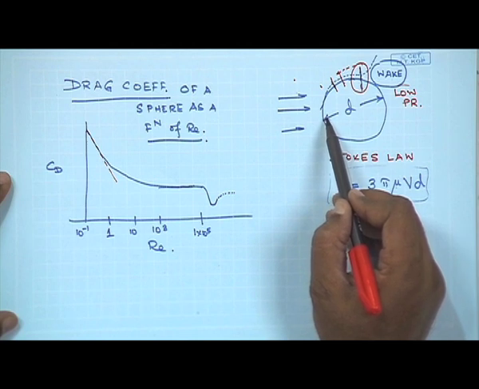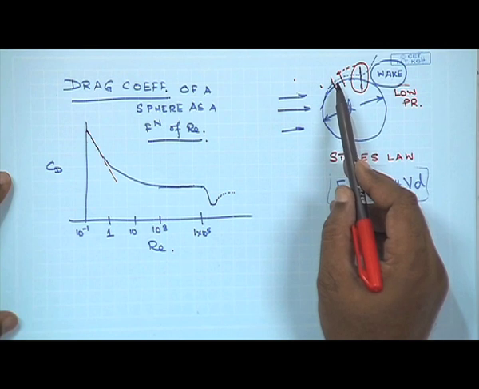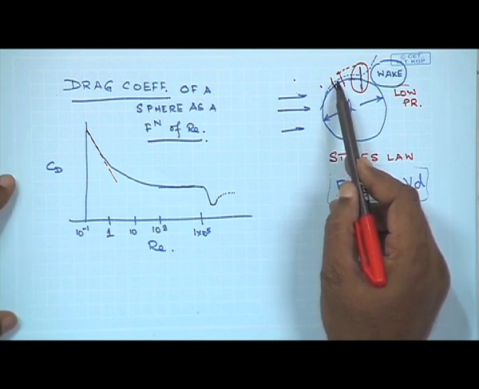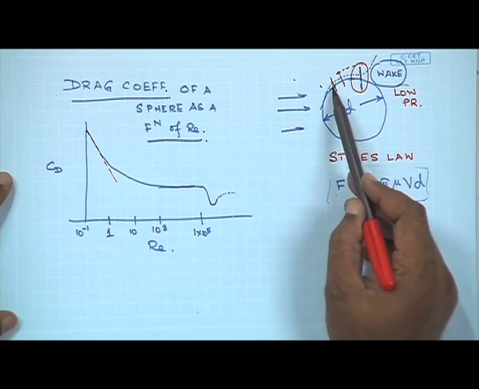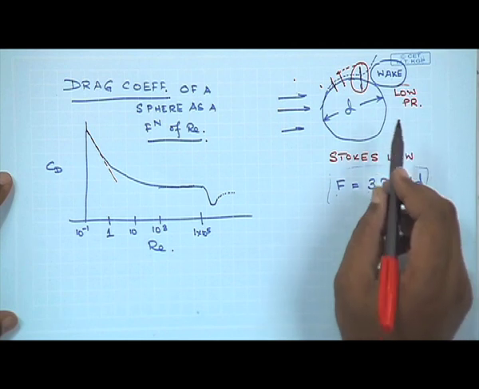The moment it becomes turbulent, it has a high velocity, and the molecules inside the boundary layer will carry more momentum, and this additional momentum due to the high speed motion in turbulent flow will push the separation point downstream from the center of the sphere, and the size of the wake is decreased.